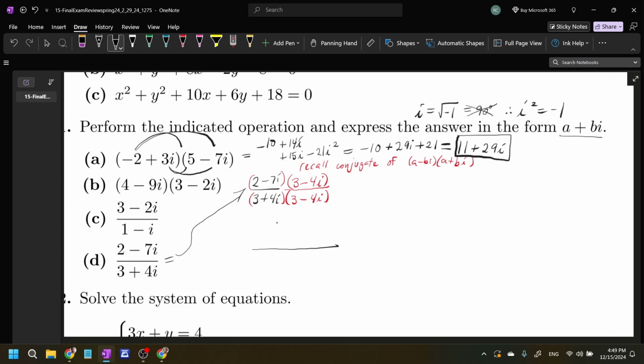and here's why. 3 times 3 is 9. 3 times negative 4i is negative 12i. 4i times 3 is positive 12i. And 4i times negative 4i is negative 16i squared.